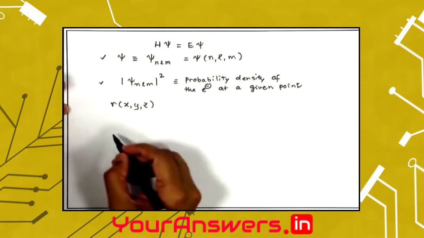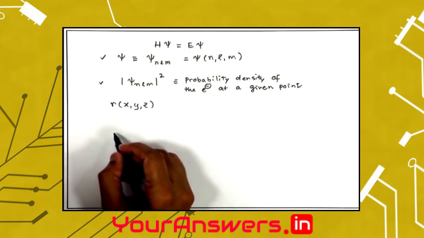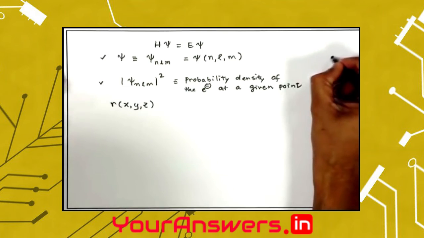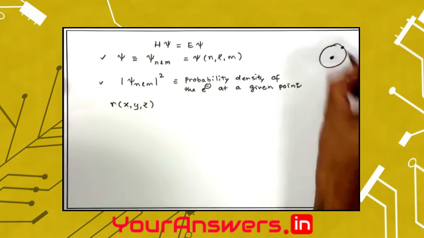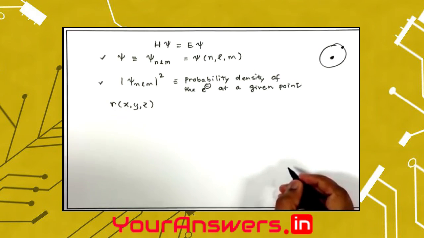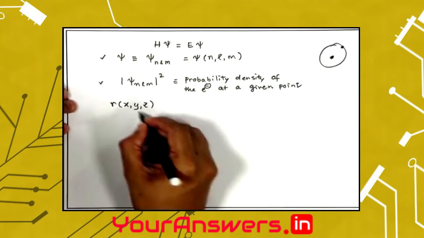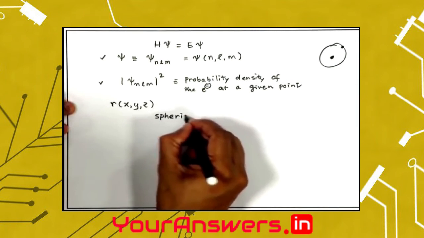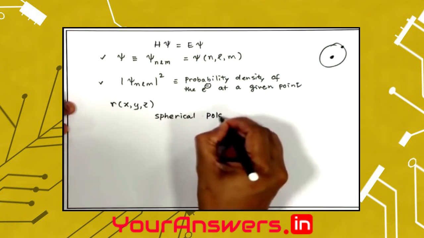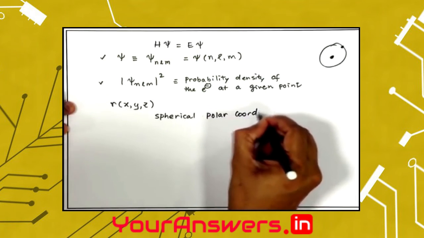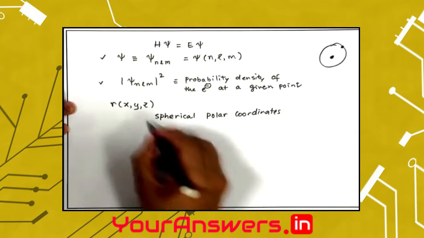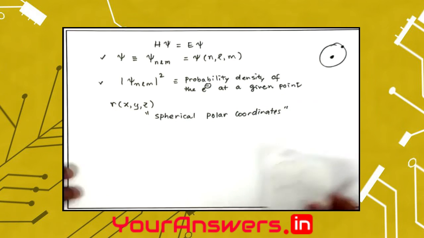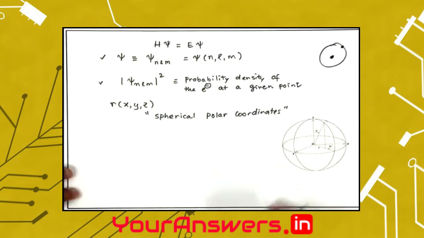This is given in Cartesian coordinates. Equivalently, since the electron actually goes around the nucleus in a circular path, it turned out that if we use another coordinate system instead of Cartesian, the spherical polar coordinates, then the solution of the hydrogen atom problem becomes easier.